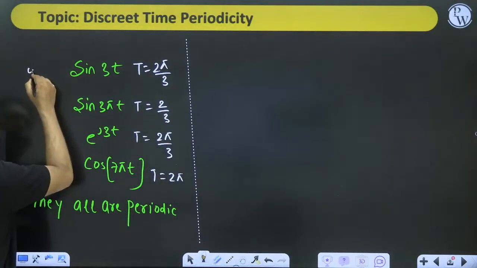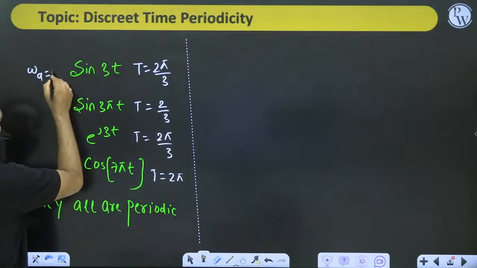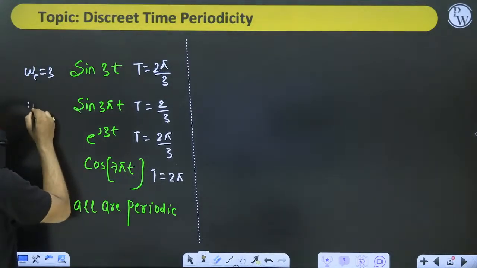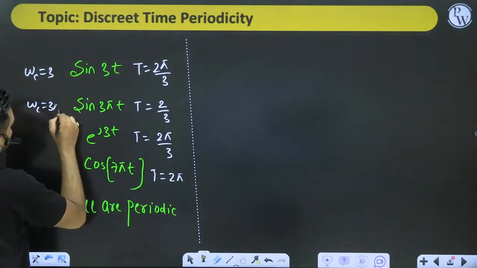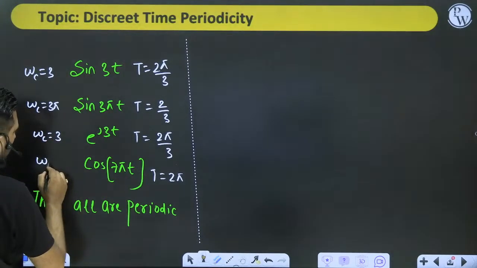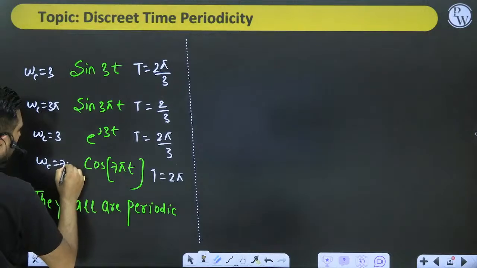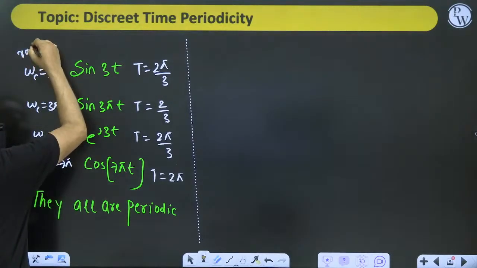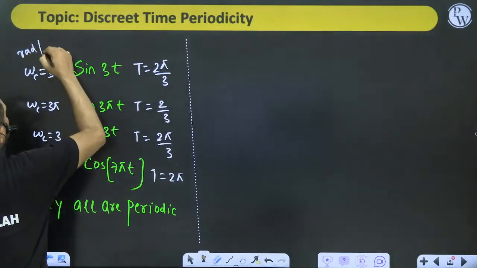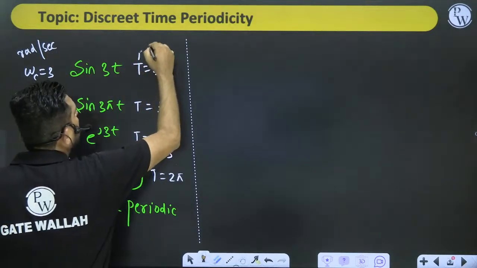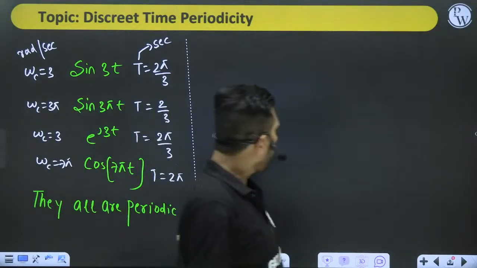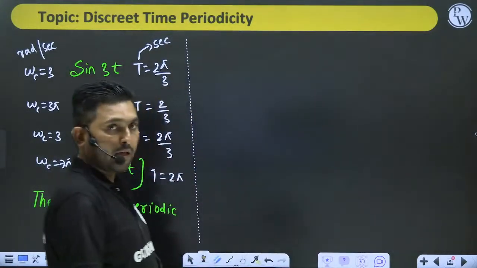That is, omega C here is 3, omega C is 3 pi, omega C is 3 and omega C is 7 pi. Mind it that they all are in radian per second, okay? I'm not writing the unit, but please make a habit of writing the unit also. They all are periodic. But let's consider this one.